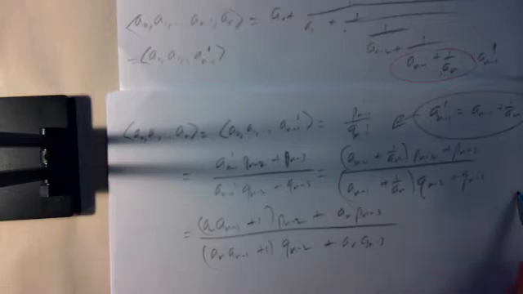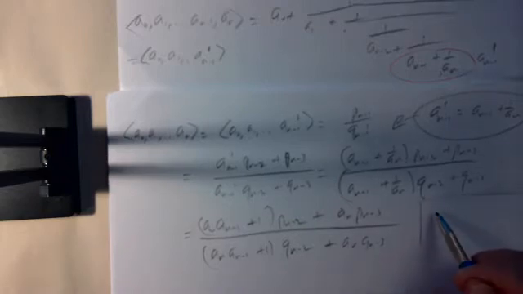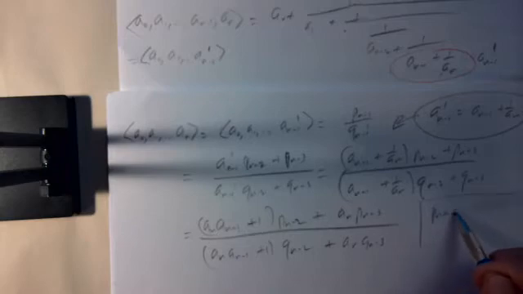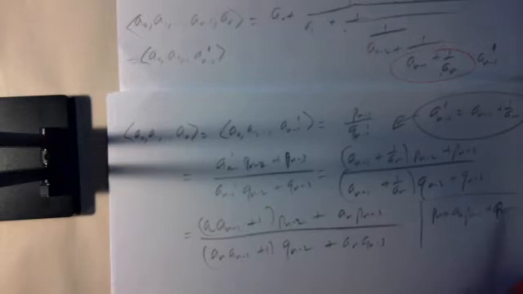And then let's remember our definitions. Pn is a n p n minus 1 plus p n minus 2, and q n is a n q n minus 1 plus q n minus 2.